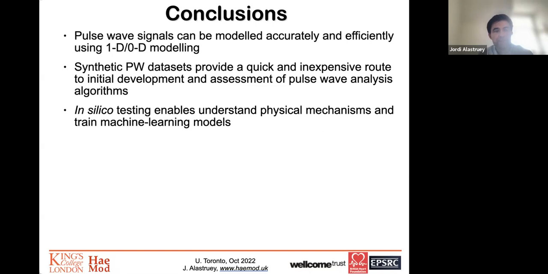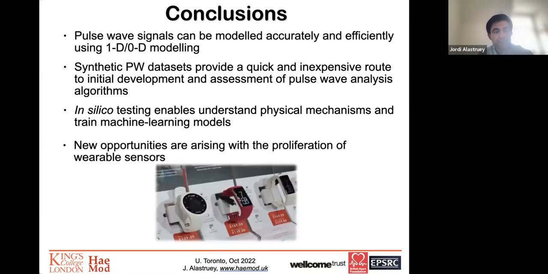These data sets may also be useful for interpretability of neural network models, which are big black boxes at the moment. Moving forward, in silico testing, combined with machine learning and the proliferation of wearable devices, provides new opportunities for assessing cardiovascular function within the wider population using pulse wave analysis.